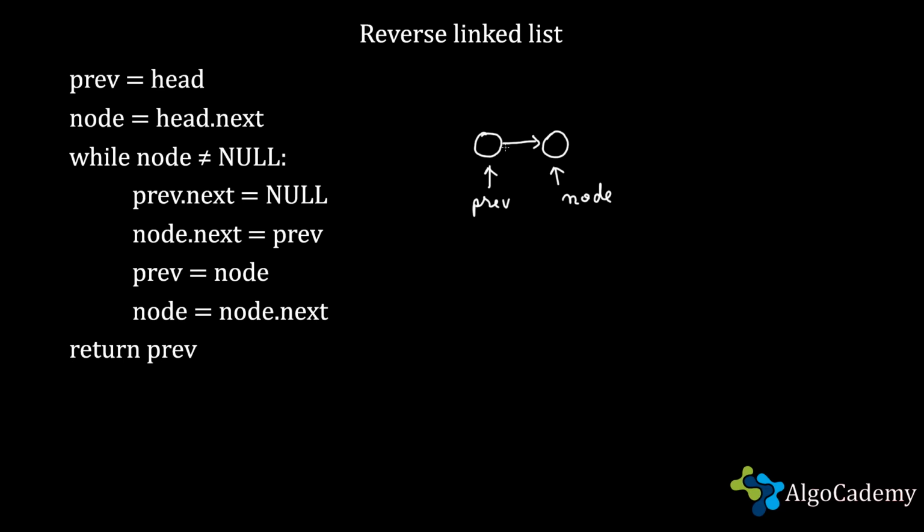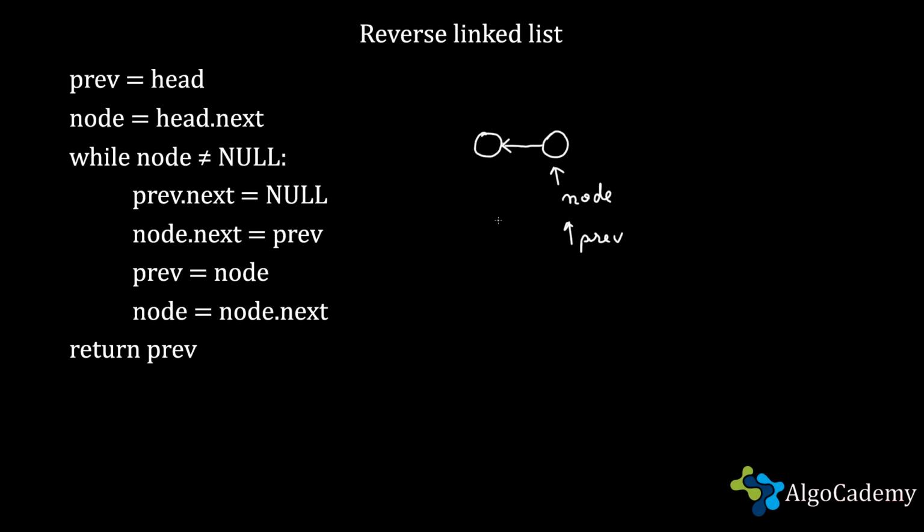Okay, so what's going to happen is that we remove this link. It doesn't exist anymore. Then, node.next equals prev. So now I have my new link from node to prev. Okay. Prev equals node. Okay. So now prev is being moved here to be ready for the next step.